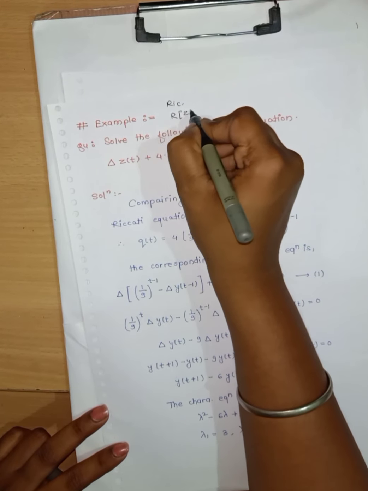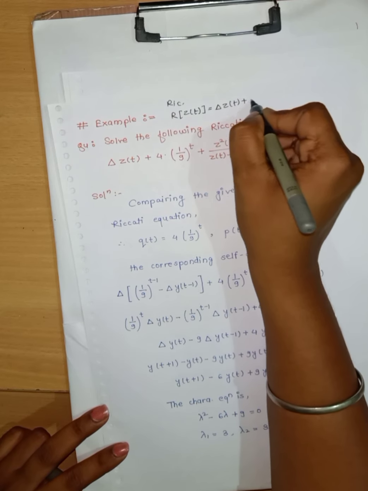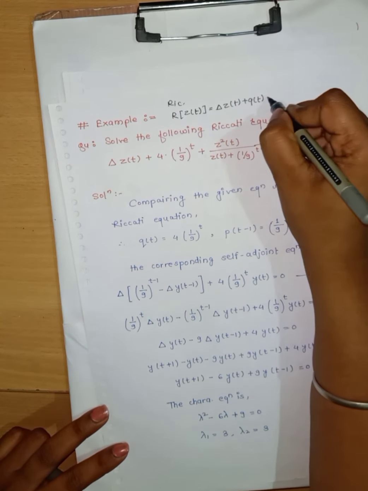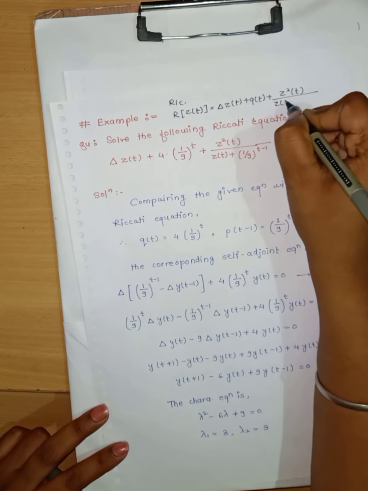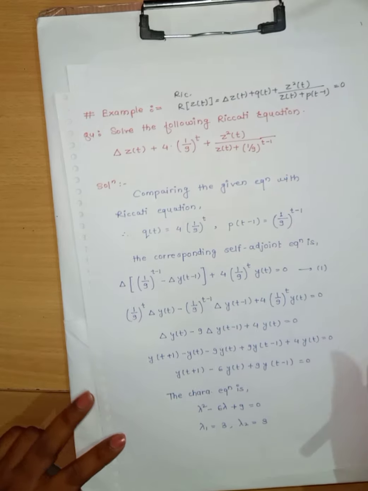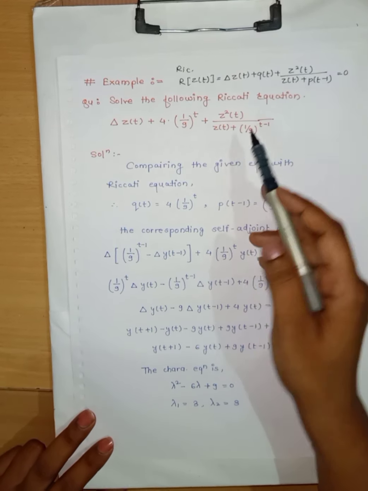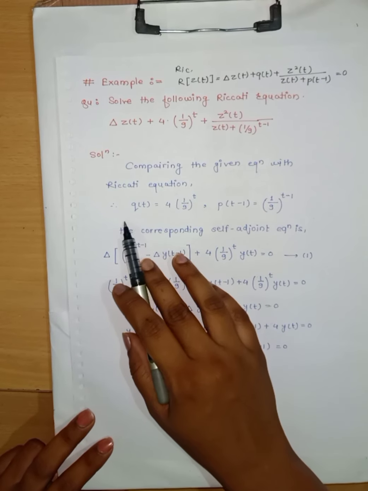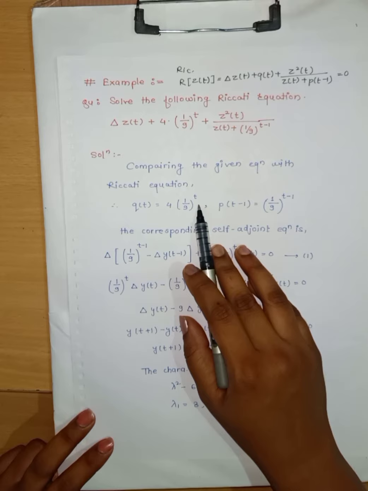So our Riccati equation was R[z(t)] equals Δz(t) plus q(t) plus z²(t) upon z(t) plus p(t-1) equals 0. So we will compare the given equation with the Riccati equation. We get q(t) equals 4 into (1/9)^t.